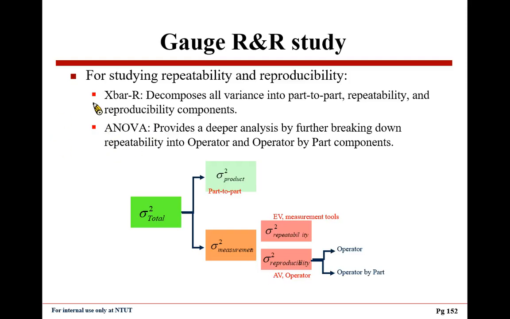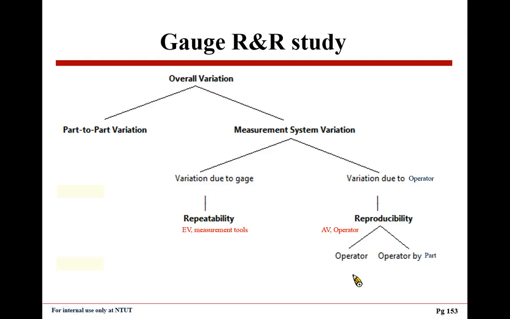If you use the Xbar-R method, you can just divide the measurement error into EV and AV. If you use ANOVA, it can also divide the error into the interaction of operator and parts by operator. That's the whole system, the sources of variation. You can see the whole MSA belongs to EV and AV.